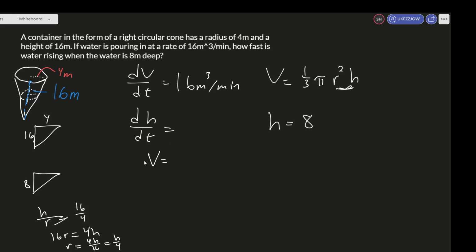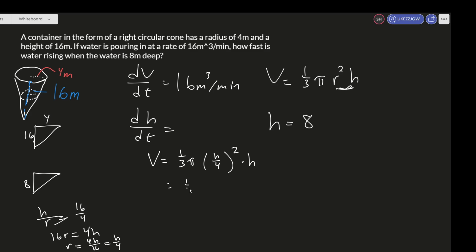So when I take the derivative of V, on the left side it'll be dV/dt, and on the right side I want it in terms of h so that I get dh/dt. So I can rewrite this as 1/3 pi, and now instead of r squared, I'm going to write my new expression for r, h over 4 squared times h.